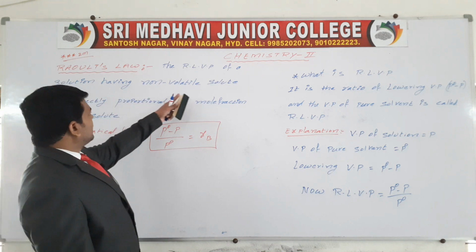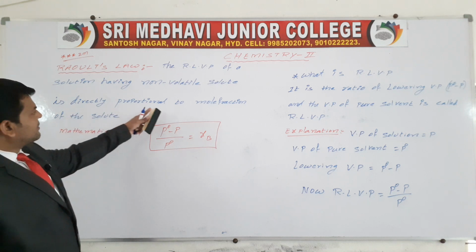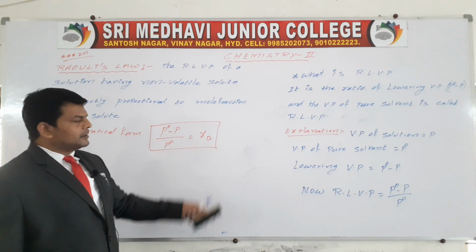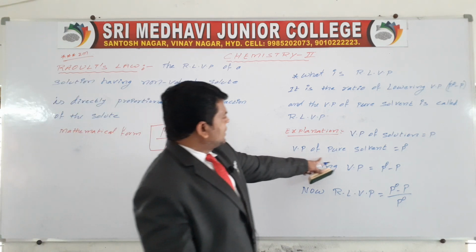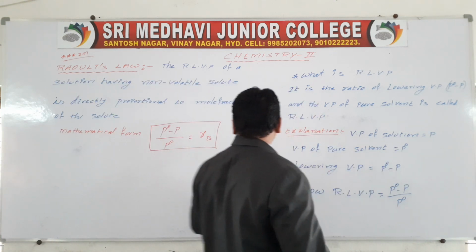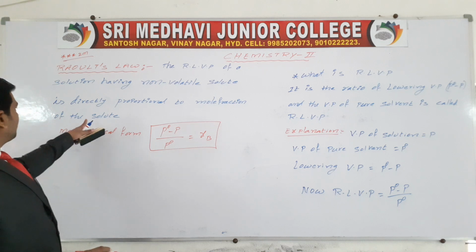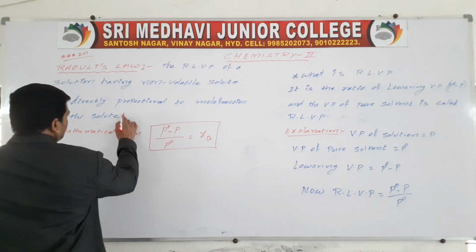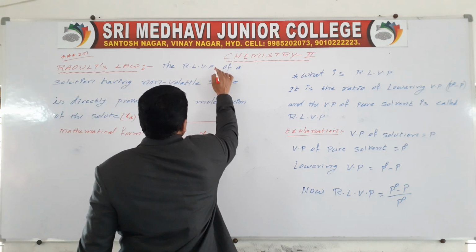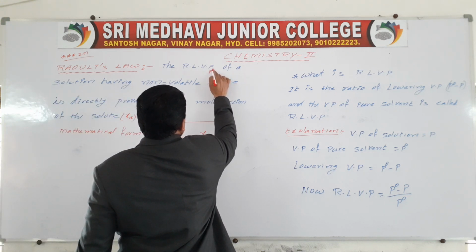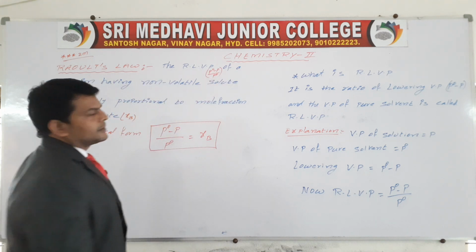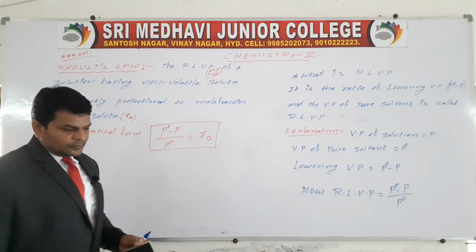Here P naught is the vapor pressure of the solvent, P is the vapor pressure of the solution, and XB is the mole fraction of the solute. This is Raoult's law.